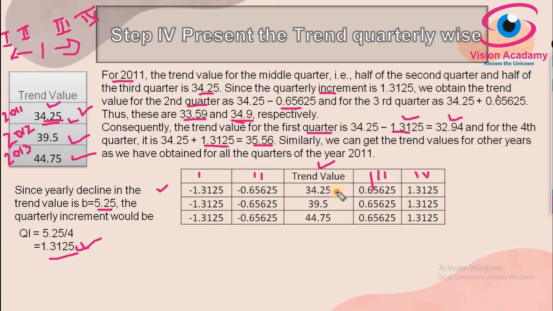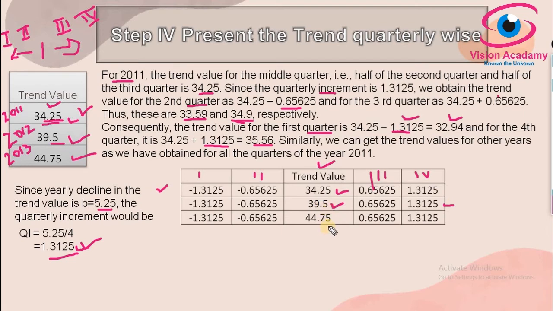The next is 2012, the same thing, from 39.5, which is the 2012 trend value. For the second quarter of 2012 we subtract 0.65625 from 39.5, for the first quarter we subtract the full quarterly increment 1.3125, for the third quarter we add 0.65625 to 39.5, and for the fourth quarter we add 1.3125 to 39.5.